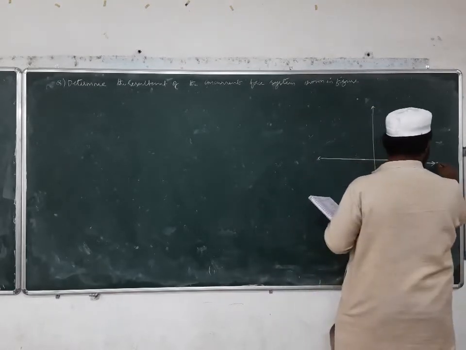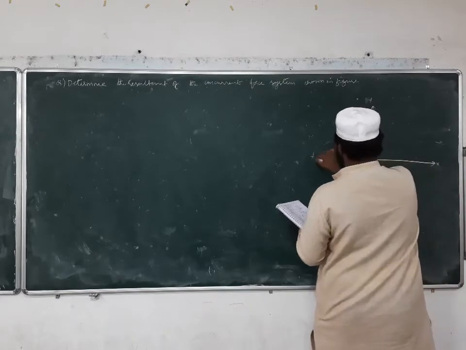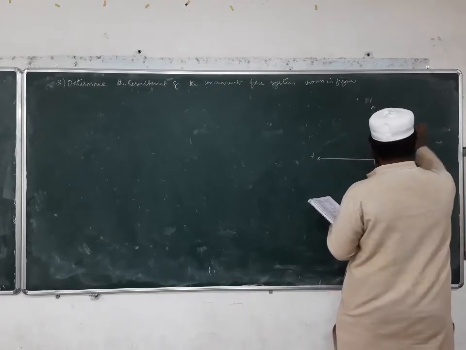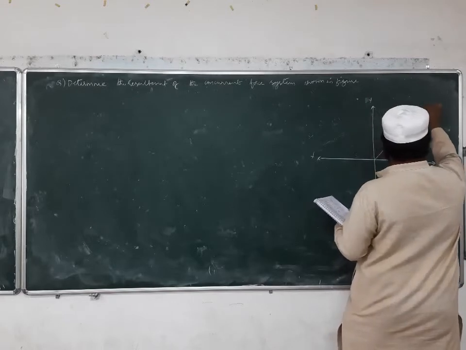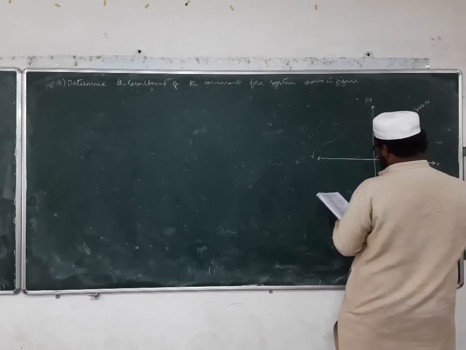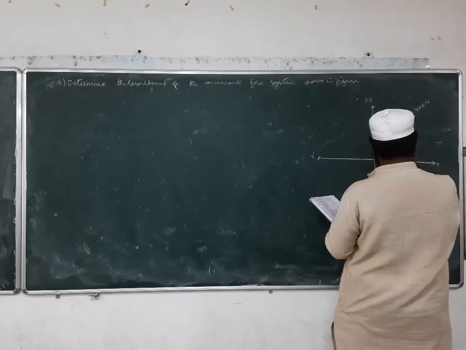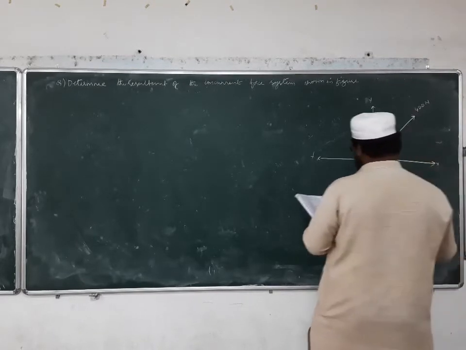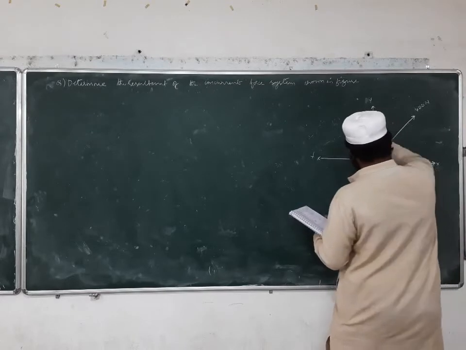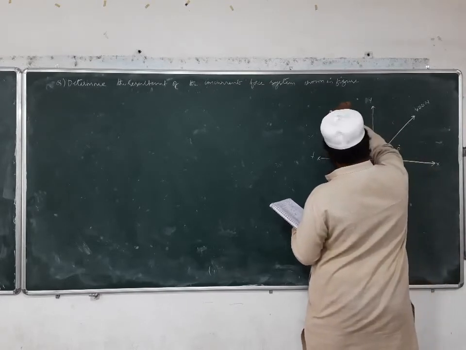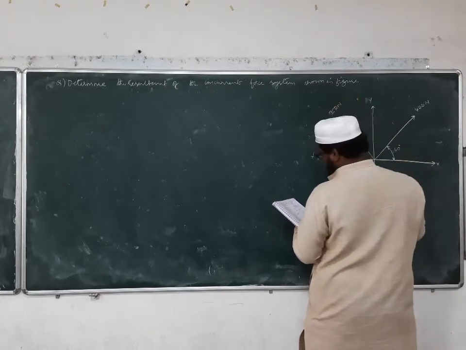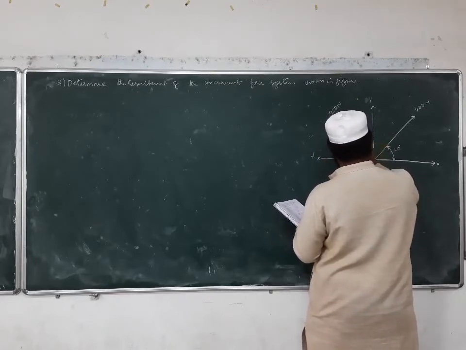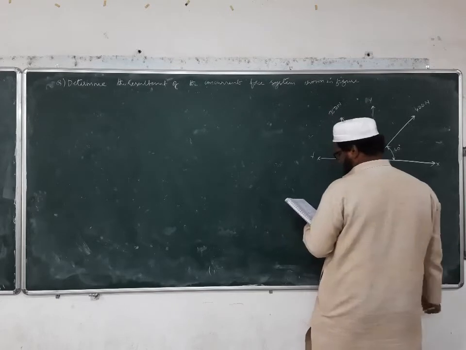So this is our x, y, and there is one force going in the first quadrant, that is 400 Newton at an angle of 60 degrees, and one more force going in the second quadrant of magnitude 500 Newton, with an inclination of 45 degrees.